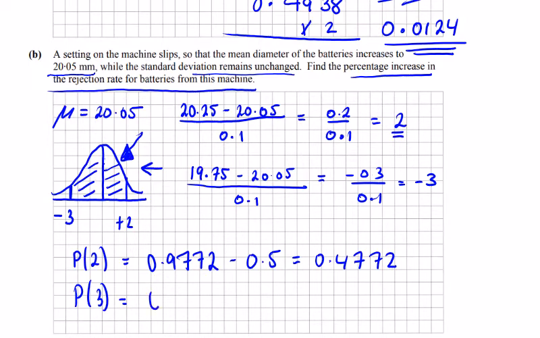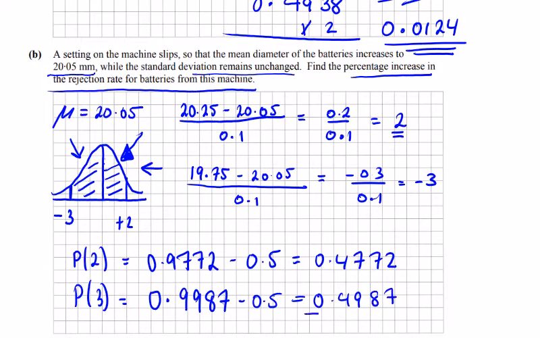Now a z-score of 3 is going to give me 0.9987. And if we take off again 0.5, it will tell us what's in here. That's going to be 0.4987.